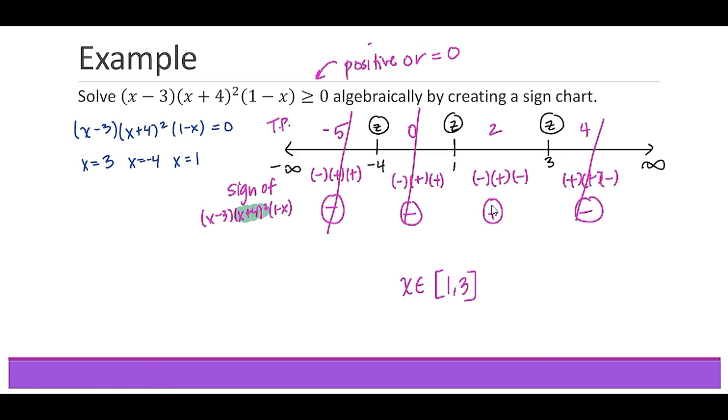So I do not want this last interval either. Now, there's one small thing that we have to make sure that we don't forget. We wanted to know, when was I both positive or equal to 0? So in this interval from 1 to 3, I captured my zeros of 1 and 3 with these brackets. But this negative 4 value, that's also a place where the function equals 0. So I have to include this one value, negative 4.